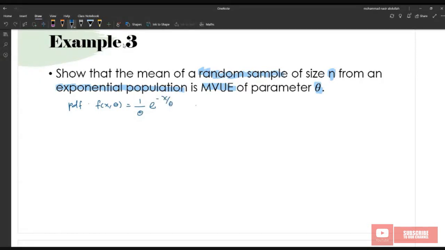Where x is more than 0. So from prior knowledge, we know that the expected value of x is equal to theta and the variance of x is equal to theta squared, right?